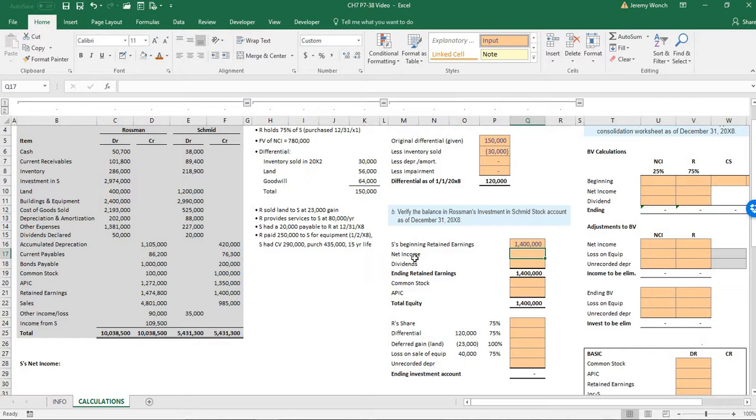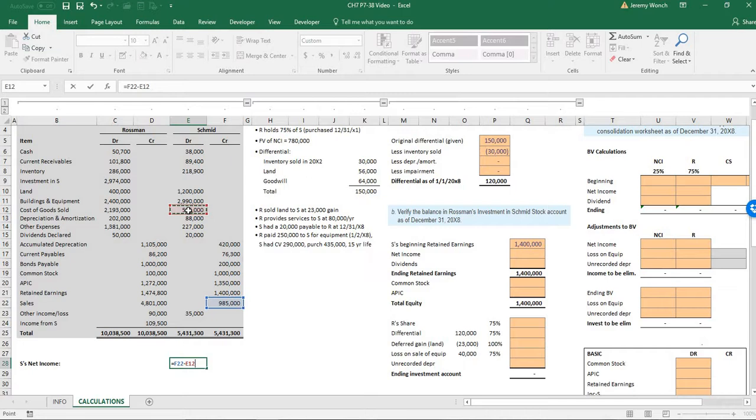Then we want to add net income. So let's go ahead and calculate what our net income is for the subsidiary. We have our sales, and we want to subtract out expenses.